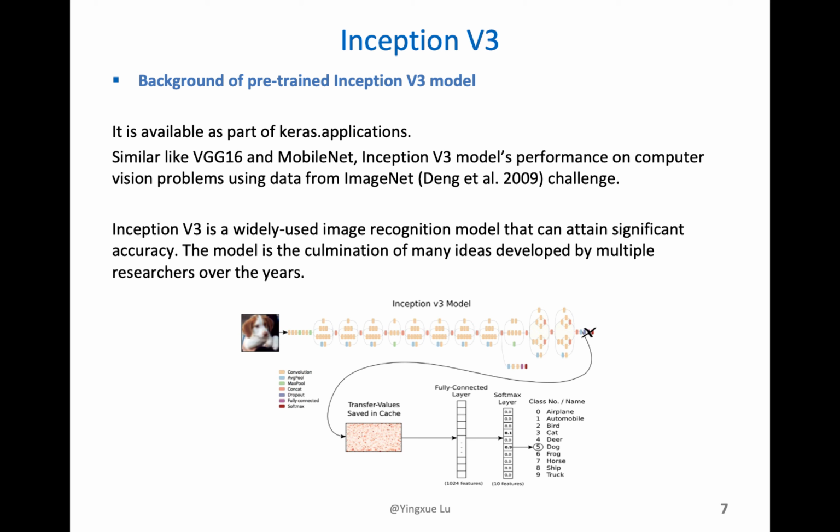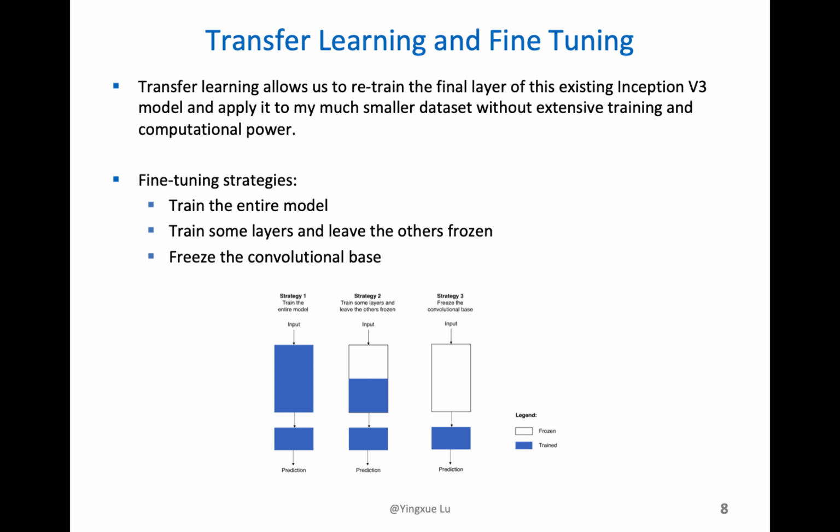It's a widely used image recognition model, a very popular image classifier, which has very good accuracy and performance. Transfer learning and fine-tuning allow us to retrain the final layers of this existing Inception V3 model and apply it to my much smaller dataset without extensive training and computational power.